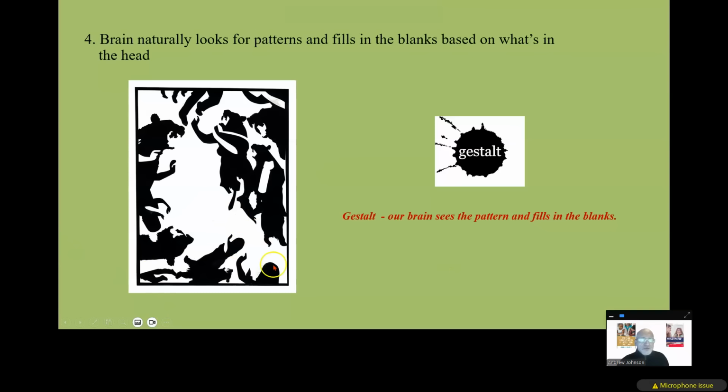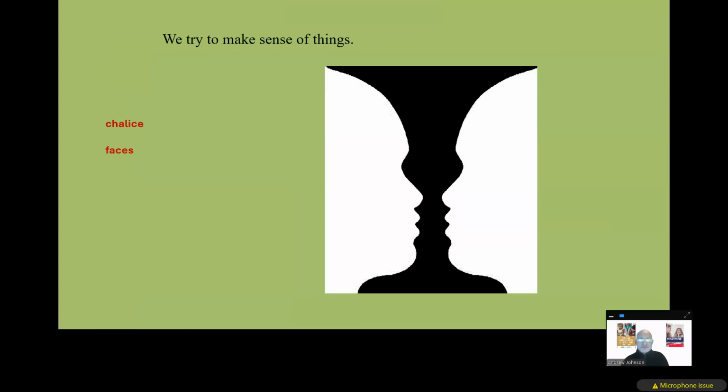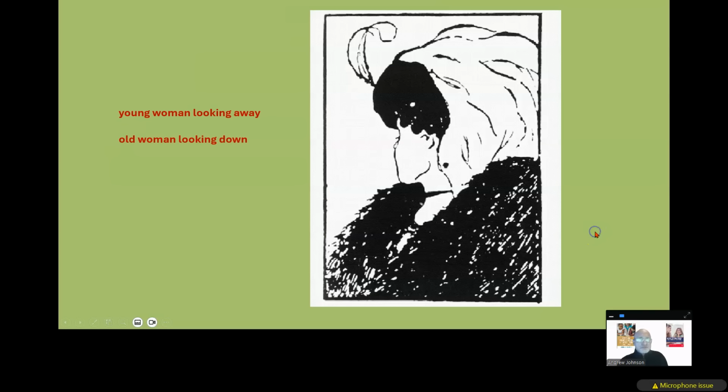These are just black and white splotches, but we see some tigers dancing around here, and I see an elephant there and other shapes there. I'm filling in the blanks. Our brain naturally tries to make sense of things. We can look at this and our brain can make it a chalice or 2 people facing each other, but our brain is operating to make sense when it's just a black and white blob.